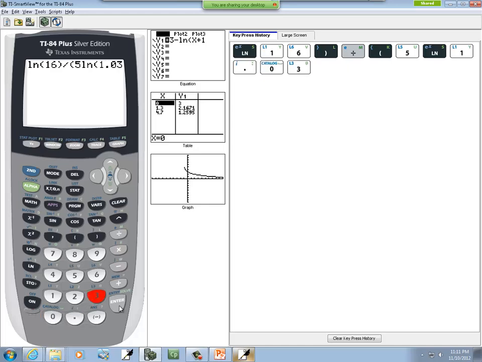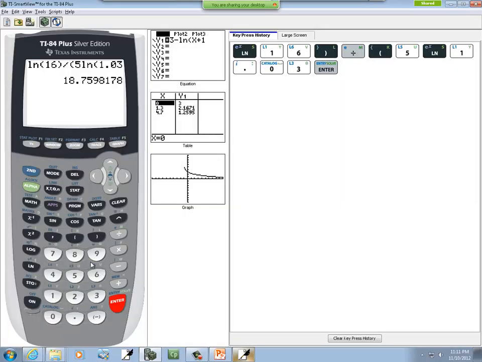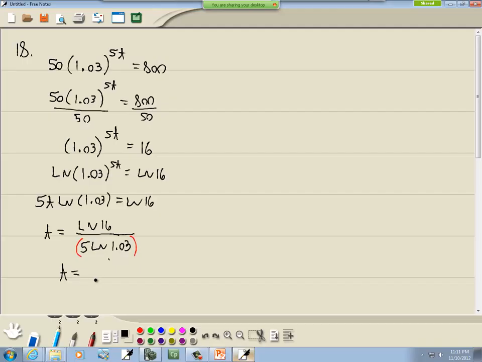You can put a closing parenthesis at the very end if you want, but it doesn't need it. And we get t is equal to 18.8, taking one decimal place. Not sure what they'll leave as their answer. Usually exact answers are better, but in business, 18.8 means a lot more than this right here.